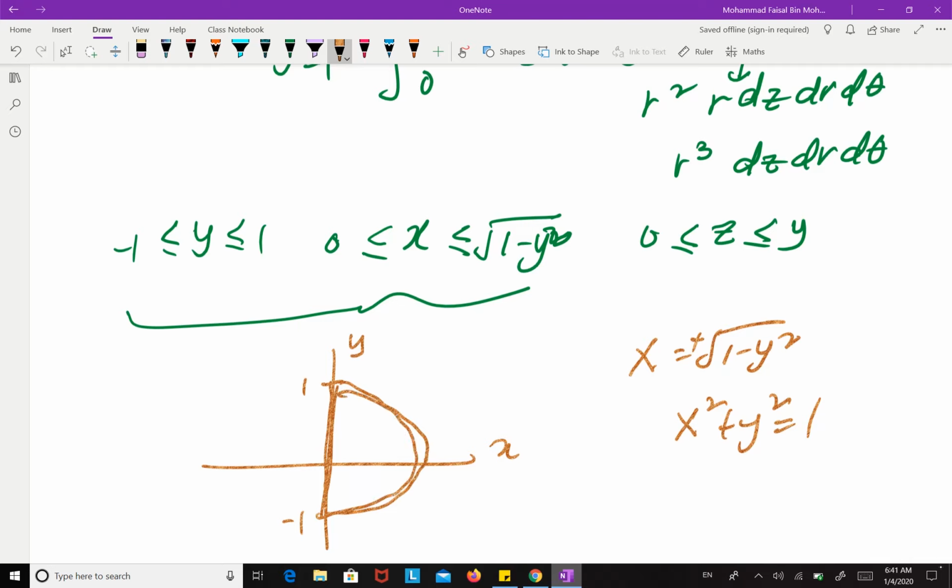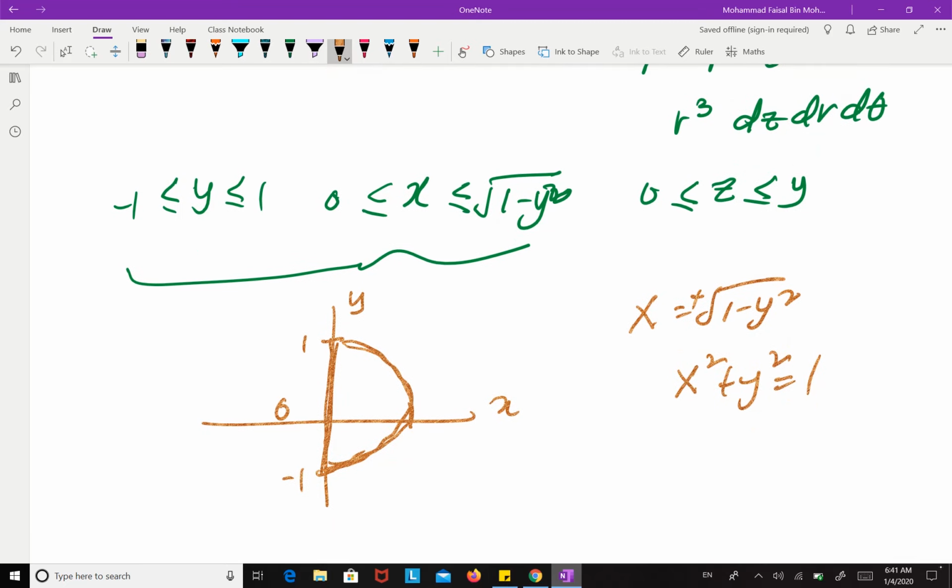It's a circle, should be a circle, but it's a semicircle.